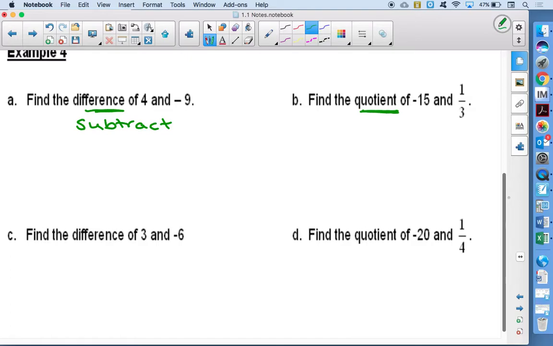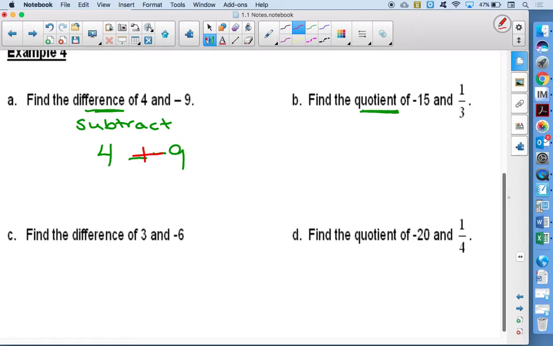Cameron, if I want to find the difference of 4 and negative 9, how would I write that? How'd you get that? You're right. Negative 9 plus 5 is 4. Or you could say 4 minus negative 9, and then this becomes a plus.